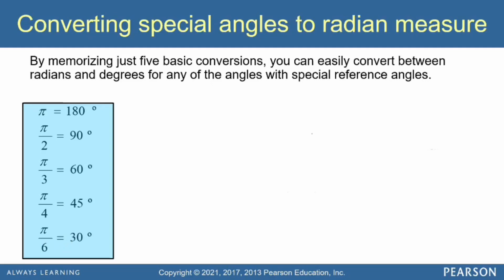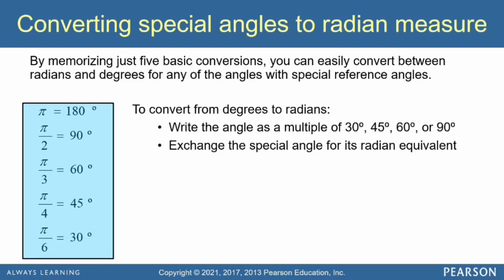And so I'm going to go ahead and give you the steps, but this is one of those places in math where when you look at the steps it looks really complicated, but what we're going to do in reality is very easy. So let me go ahead and give you the steps. If you want to convert from degrees to radians, what you'll do is write the angle as a multiple of one of our special angles, and then exchange the special angle for its radian equivalent, which you will have memorized here.